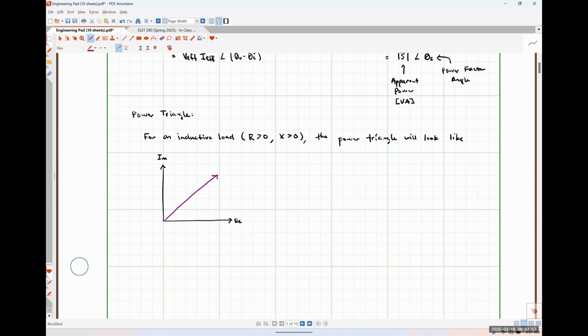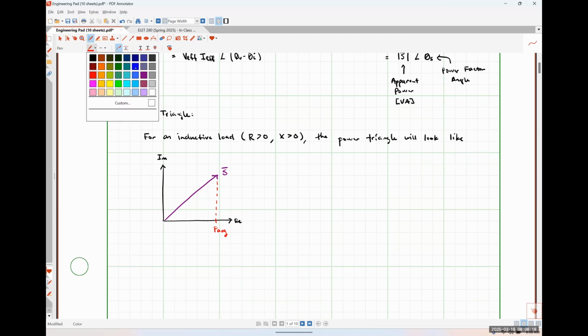So this purple arrow here represents our complex power. The projection of the complex power onto the real axis is our average power. And similarly, the projection of that complex power vector S onto the imaginary axis will be our reactive power Q.